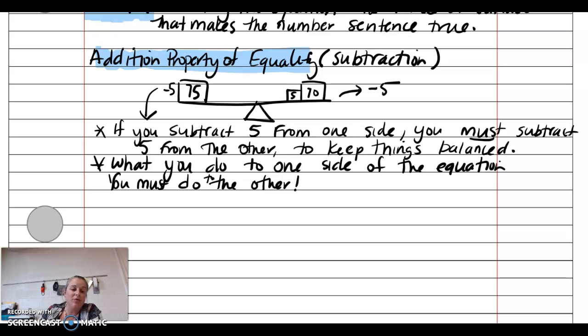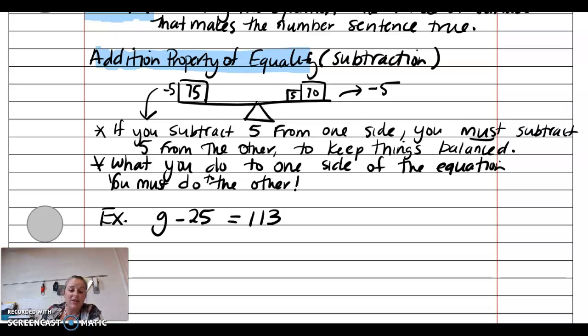So for example, let's say I have the equation g minus 25 equals 113. Both sides have the same value. Both sides should equal 113. It's just that g is hiding some of it. So what we're going to do is undo what's happening to g and follow the property of equality to do that.